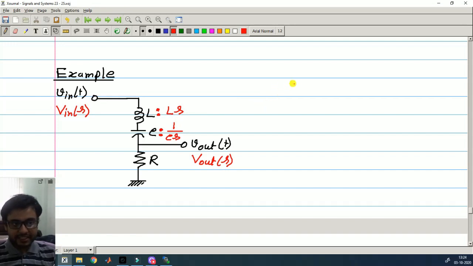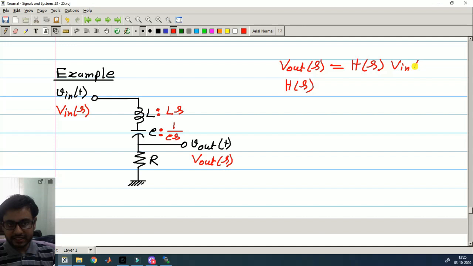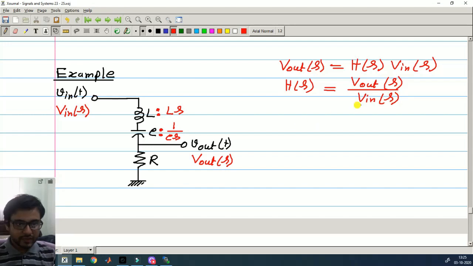Then we need H(s). You recall that the Laplace transform of the output is given by H(s) times the input for any system. So H(s) can be written as V out(s) by V in(s), and we have to find this ratio.